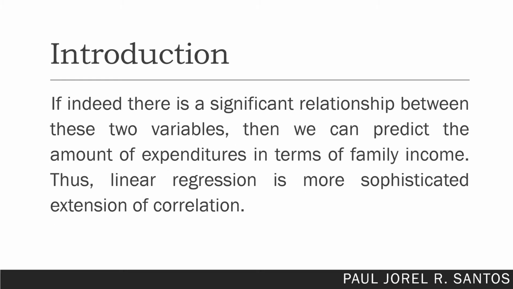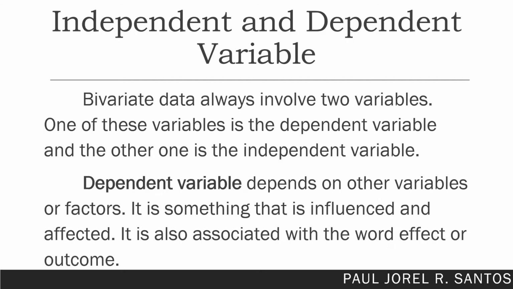If indeed there is a significant relationship between these two variables, then we can predict the amount of expenditures in terms of family income. Thus, linear regression is a more sophisticated extension of correlation.